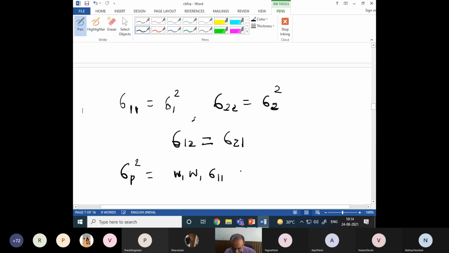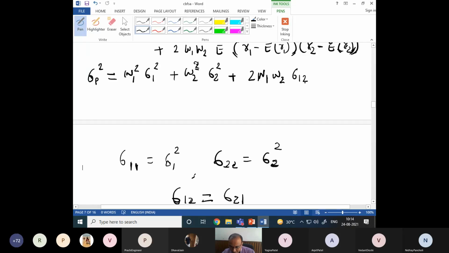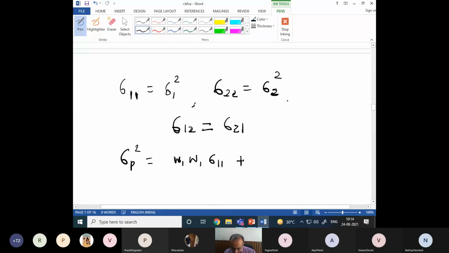Plus I have twice W1 W2 sigma 1 2, so let me write it like this: I have W1 W2 into sigma 1 2, I take only one factor, plus W2 W1 into sigma 2 1. It is the same, right? Plus we have W2 square into sigma 2 square, so I write it like this, W2 W2 into sigma 2 2.